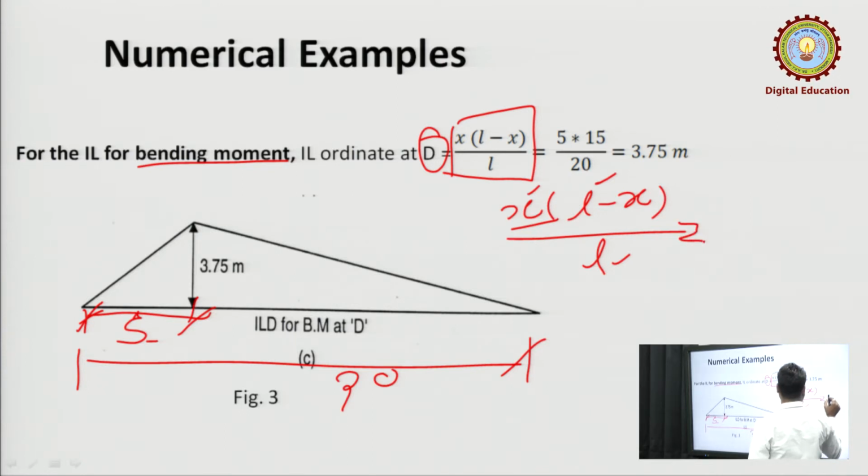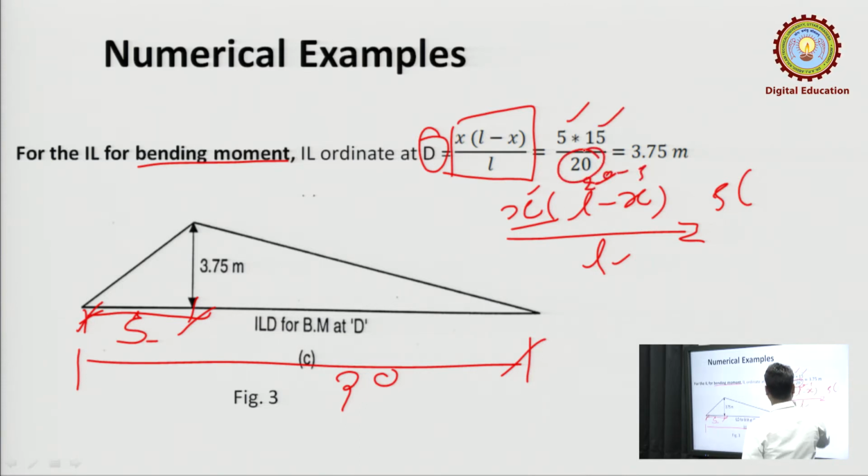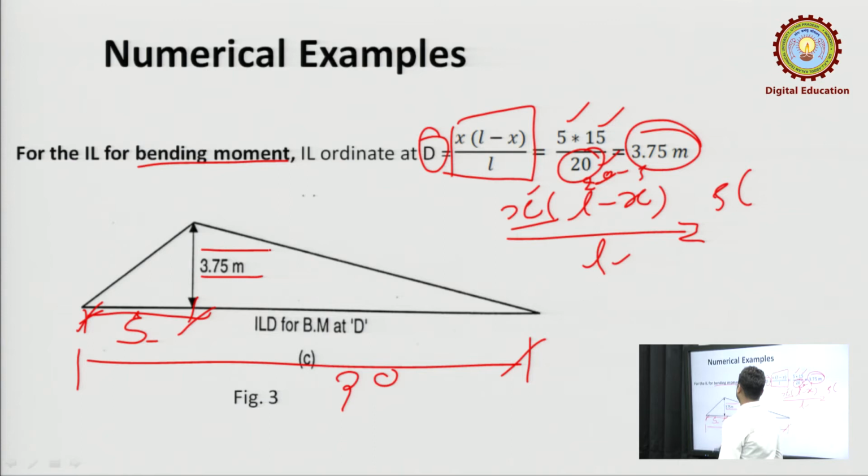So x equal to 5, L minus x equal to 20 minus 5 equal to 15, and L equal to 20. Now put these values and get the answer. Now we have an ordinate of 3.75 meter. We can also say that in that section the maximum bending moment will occur.